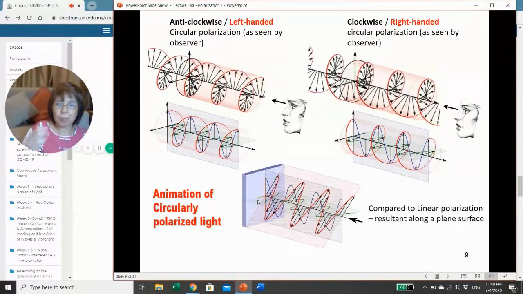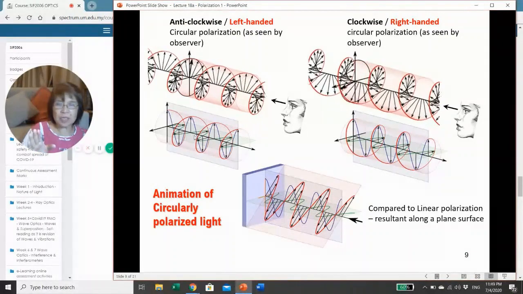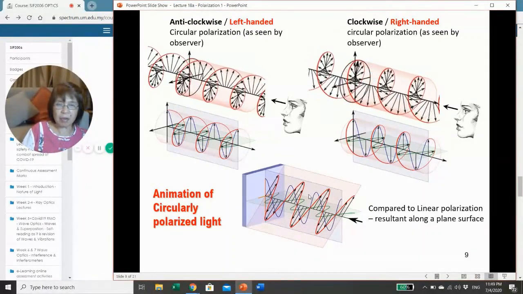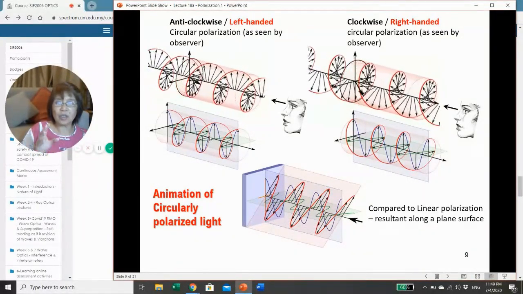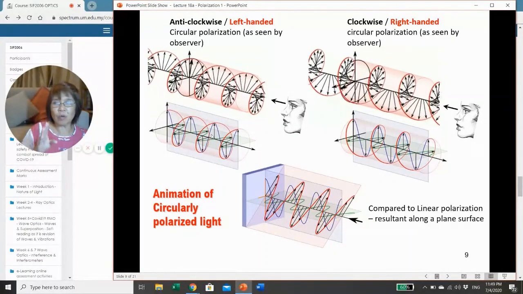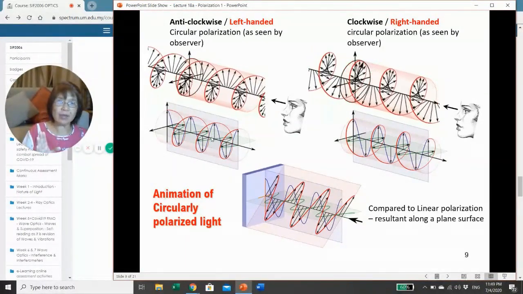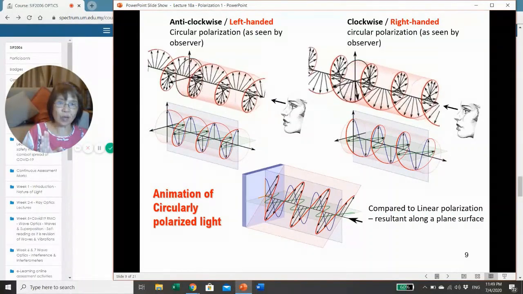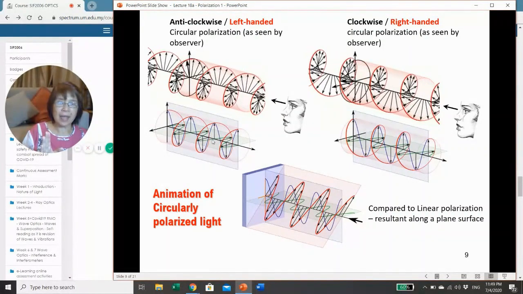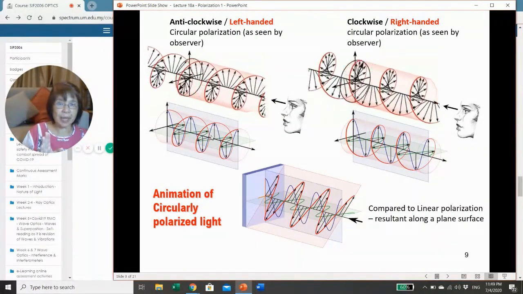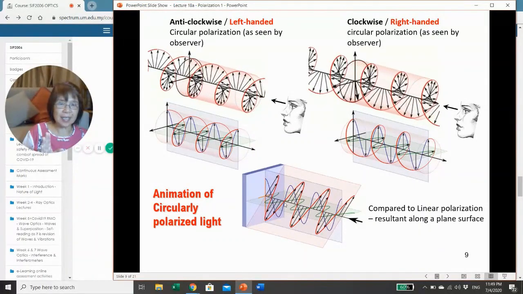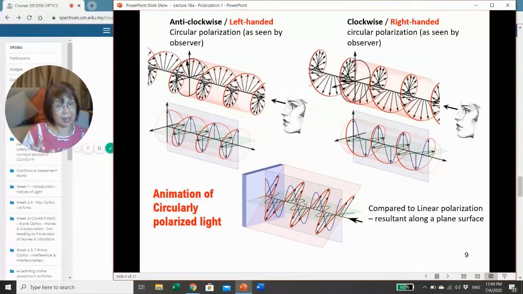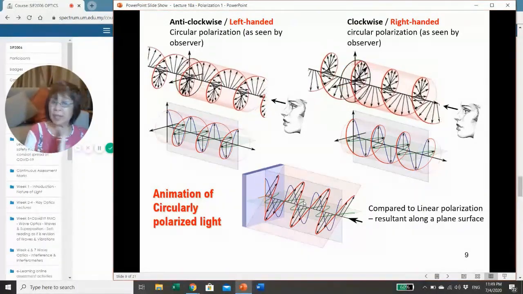And note the difference between circular polarization and linear polarization. So the representative component plane waves are the blue line and the green line here. They are equal amplitude, but they are out of phase by 90 degrees. Here, they are equal amplitude, but they are in phase. The two EM plane waves are in phase.